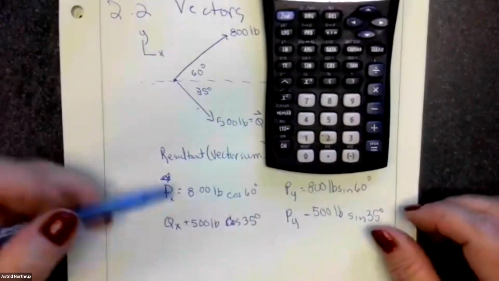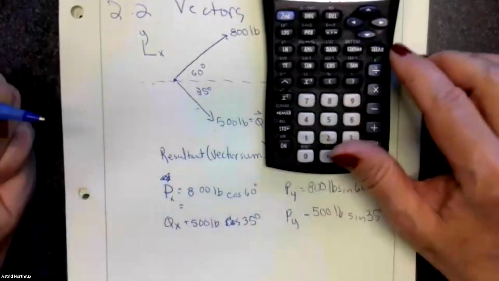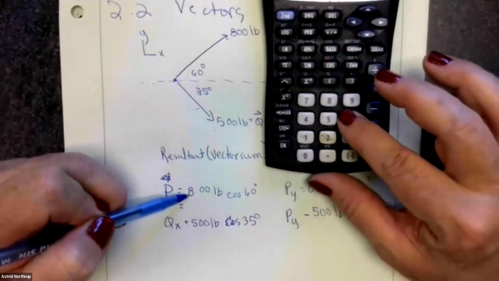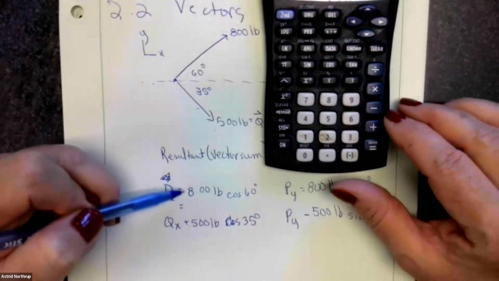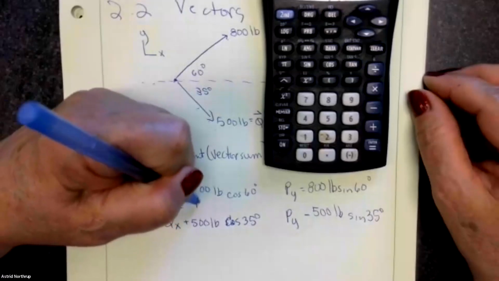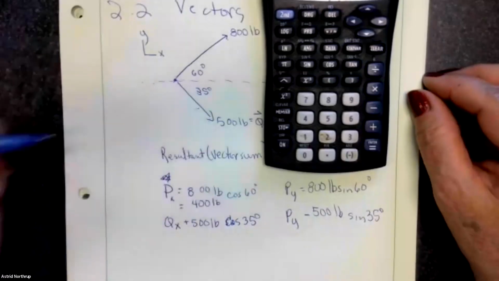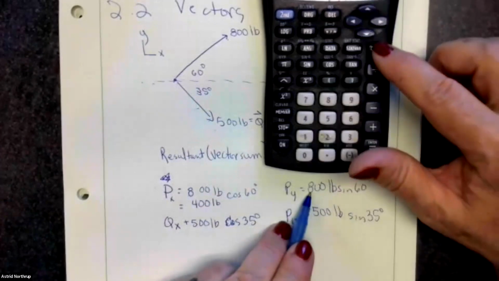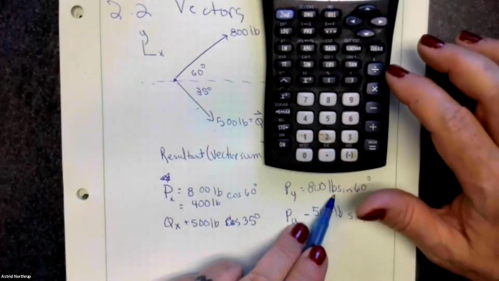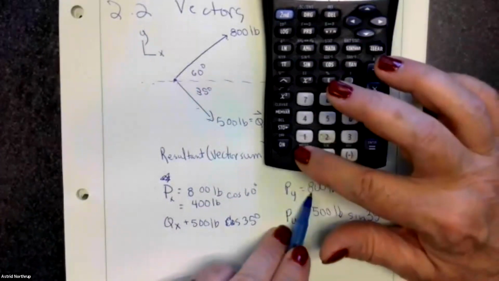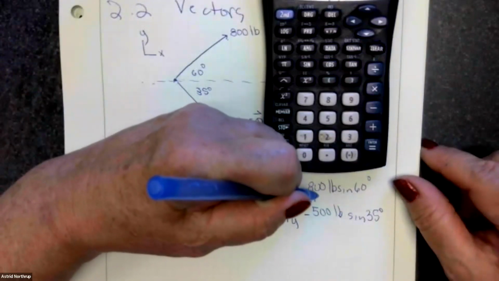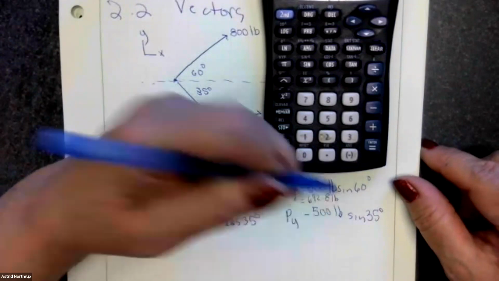Writing the numeric values: for P sub x, take the cosine of 60, multiply it by 800, and that gives me 400 pounds. P sub y is the sine of 60 multiplied by 800 pounds, so that value is 692.8 pounds.